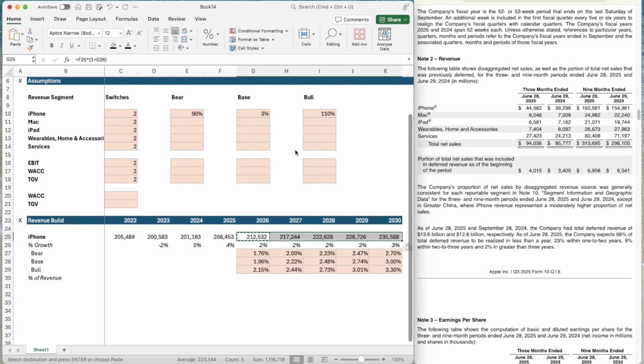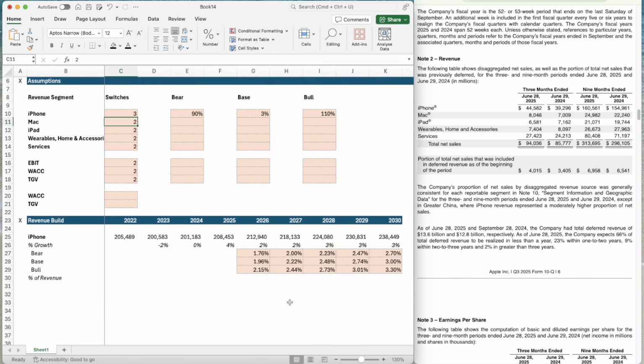Pull it across. Now, if I come up here, so remember these figures, 212, 217, 222. If we go on a bear case scenario, it comes down. If we go on a bull case, it goes up.